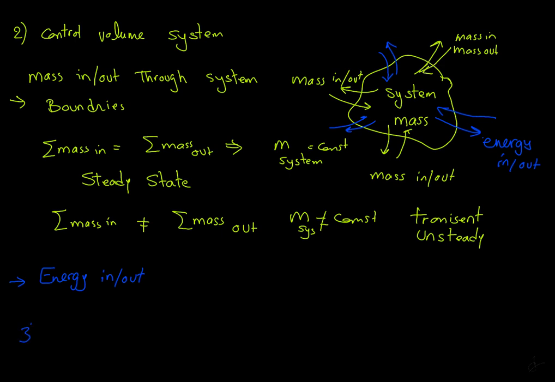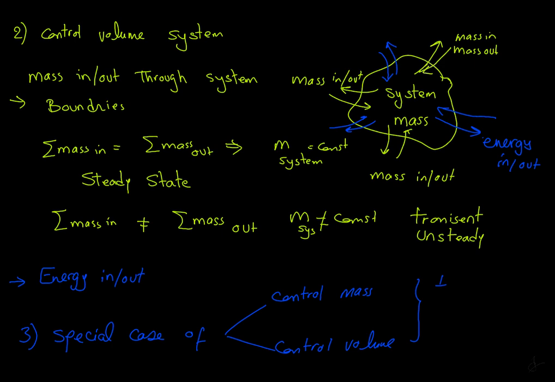The third system, which is a very special case of either the control mass system or the control volume system, is when you isolate or insulate that system from exchanging energy. So the energy is no longer allowed in either the control mass system or the control volume system.